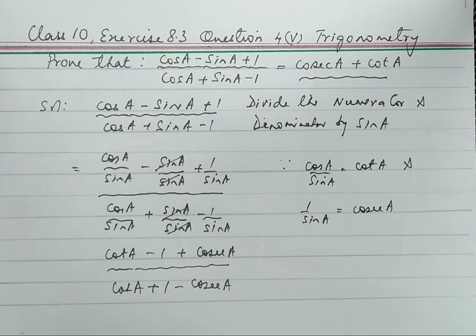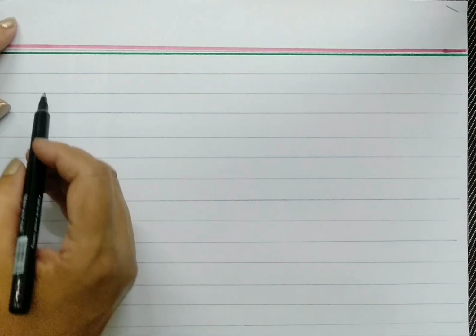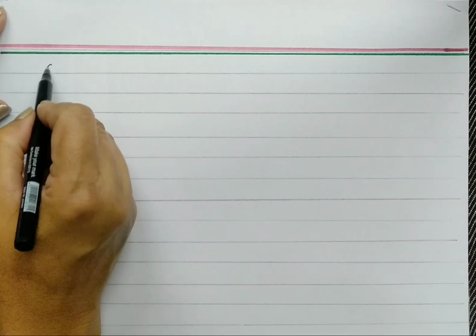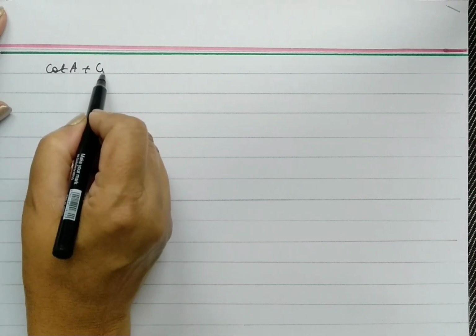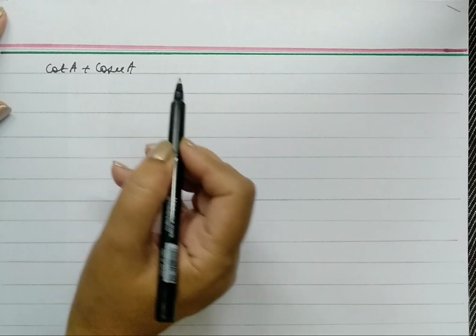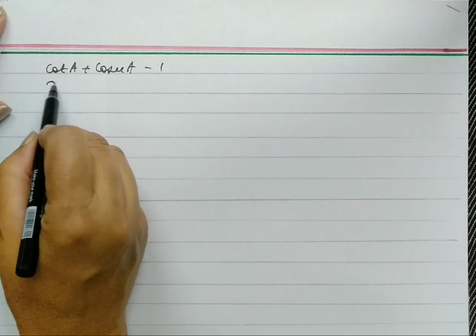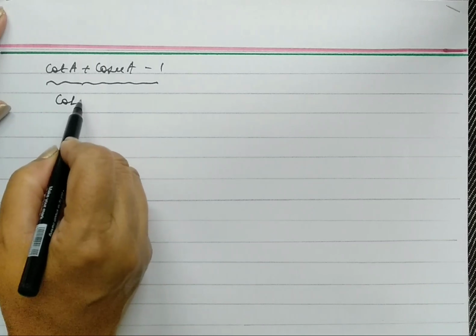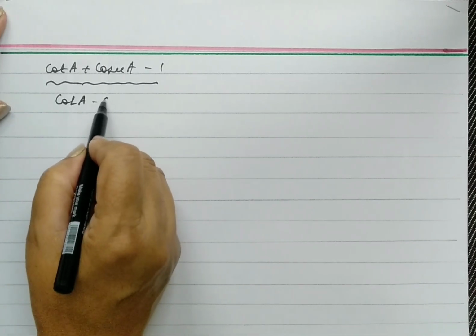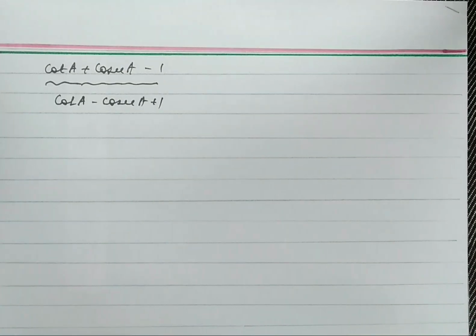All right. So let's go to the next page. So I spoke about rearranging. So cot A plus cosec A minus 1, and below we have cot A minus cosec A plus 1. All right.